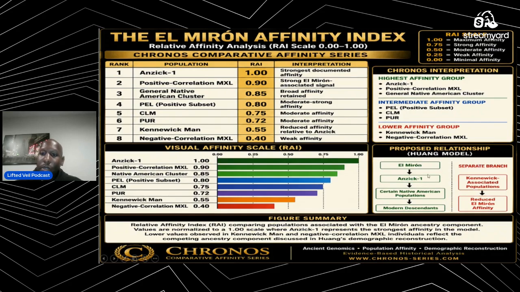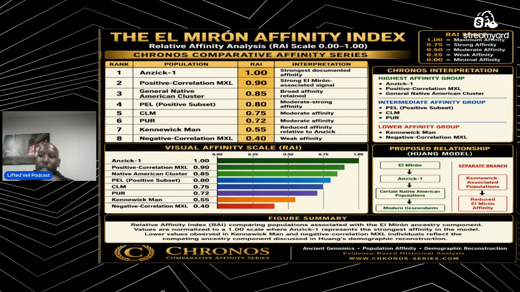So they're proposing that the Elmoran is ancestral to ANZIC 1. ANZIC 1 is ancestral to certain Native American populations and its modern descendants. Okay, and that's all going to come into play later on when I explain this negative affinity. I'm going to put this all together.